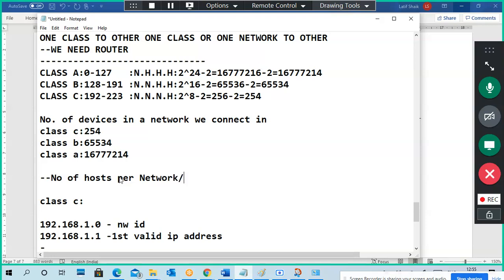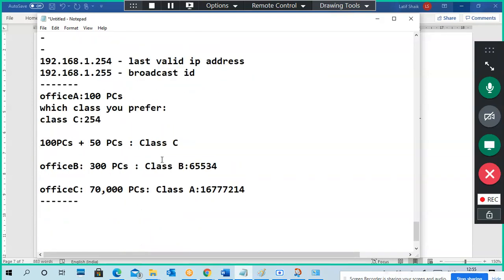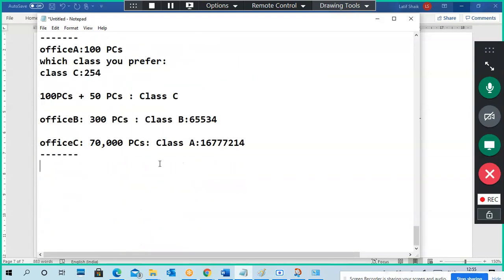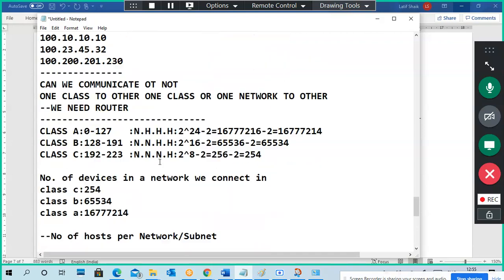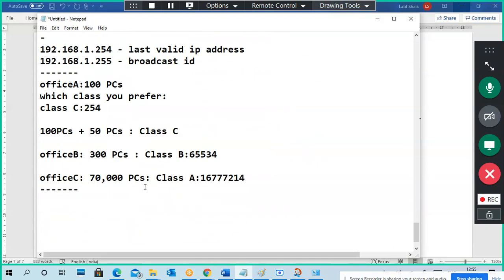Some people call it a subnet, even if they have not subnetted it. Number of hosts per subnet means, in one single logical network, the number of valid hosts we can connect. Okay, so guys, understood this point, number of hosts for each network.